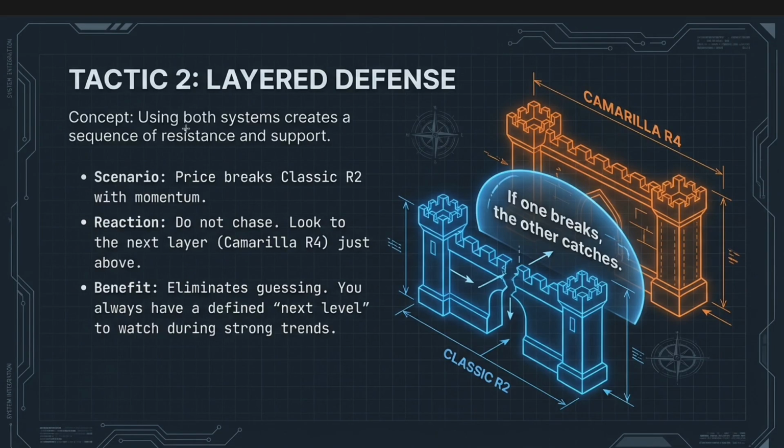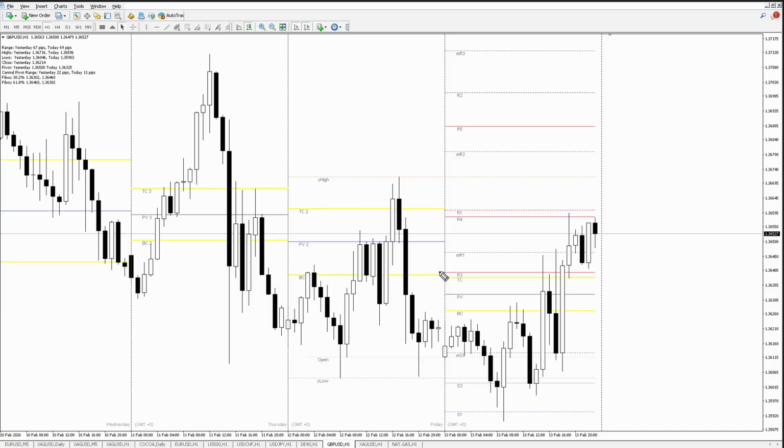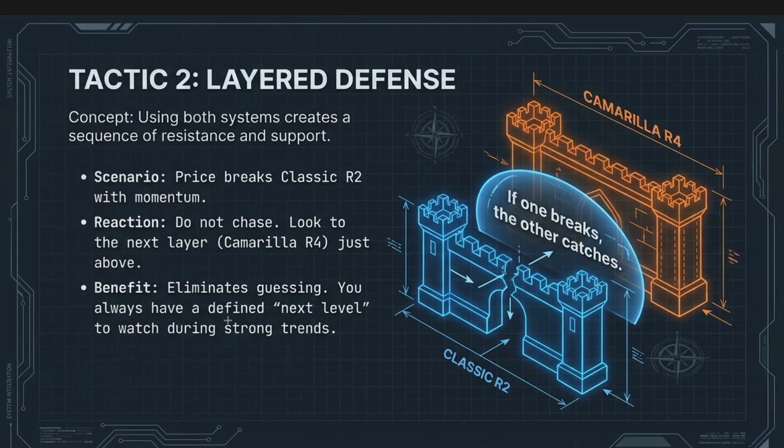In this concept, we are using both systems, which creates a sequence of resistance and support. That means that we have resistance from Camarilla, resistance from classic pivot, resistance from Camarilla, resistance from classic pivot. Now, let's say that you wait for some reversal opportunity and you think that there is a good chance that at the second resistance from classic there will be some potential to open a short trade.